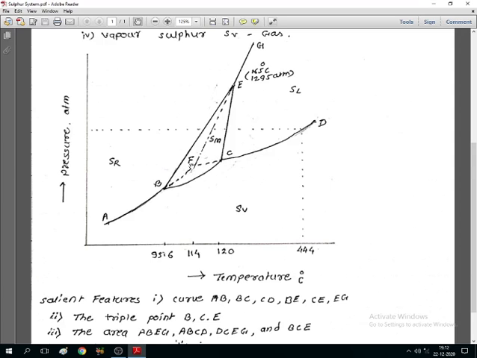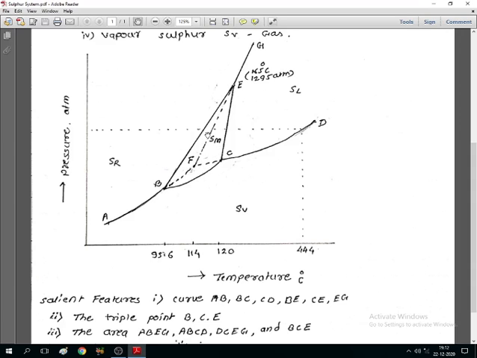Along the curve CF, the metastable liquid sulfur and the vapor sulfur are in equilibrium. It is the vapor pressure curve for the metastable liquid sulfur. It shows variation of vapor pressure with temperature. Two phases, component 1, the system is monovariant.